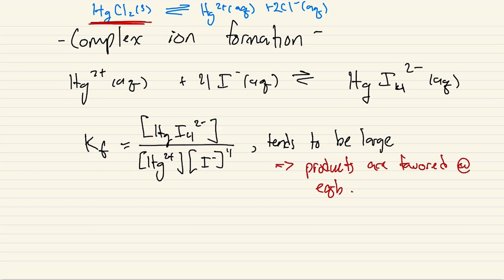Now all of a sudden you largely increase the solubility of this compound because you're forcing it to go into the aqueous phase, because we have a kind of chain reaction of Le Chatelier's principle. This is going to be forming, which decreases the concentration of this, and that concentration is decreasing. Le Chatelier's principle says we need to make more of that to compensate, so you're going to increase the solubility of that.